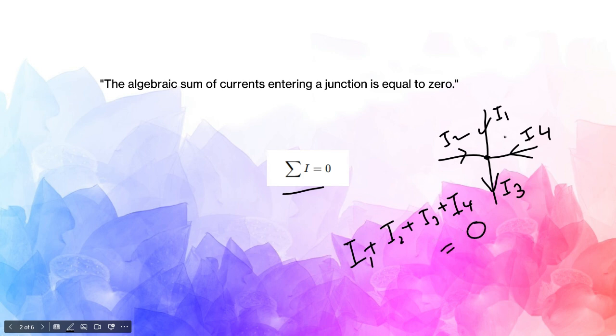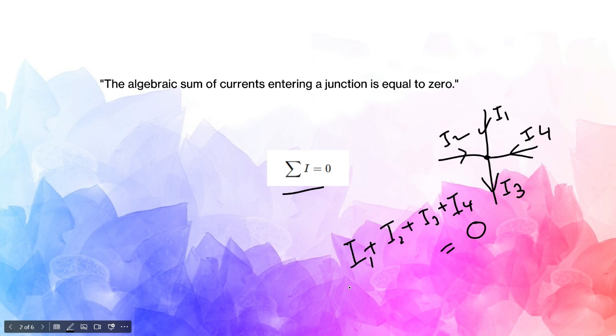Now look at this diagram. In this diagram, I1, I2 and I4 are in the inward direction and I3 is in the outward direction. So algebraically, if we consider the direction of I1, I2 and I4 positive, then the direction of I3 should be considered negative.